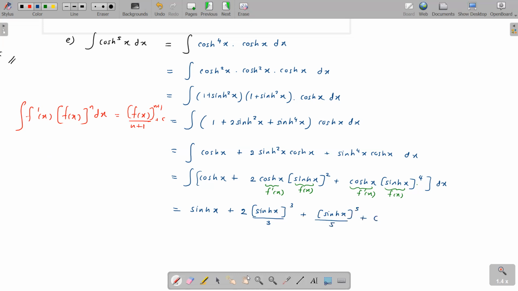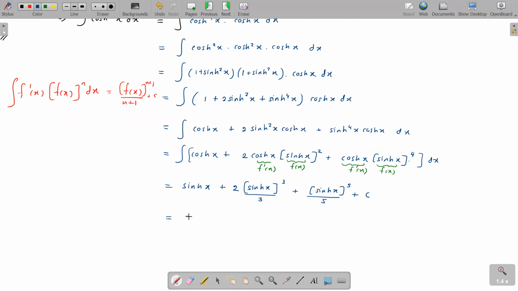Don't forget the plus c. So it's going to be sine x minus 2 over 3 sine cube x plus sine to the power 5 x over 5 plus c.